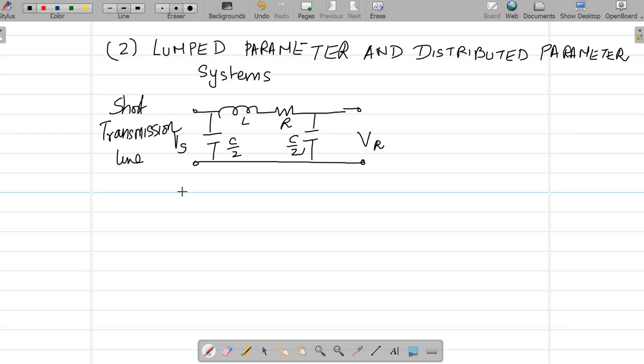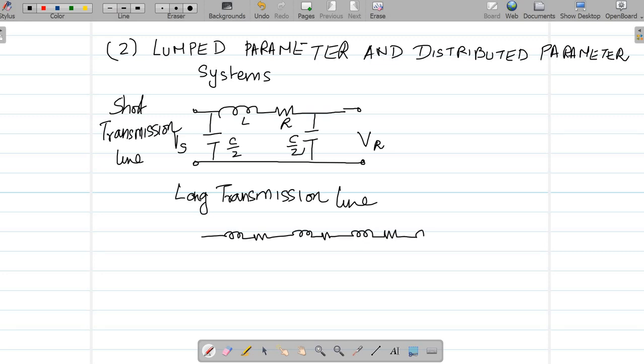Now in the case of a long transmission line, the inductance and the resistance all along the line are not lumped as one parameter, but are distributed along the line. Say we have a resistor, then an inductor, then again a resistor, an inductor.